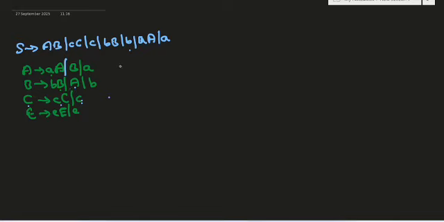So substitute B tends to BB, small b in A, and substitute A tends to small a, capital A, and small a in B. Okay, now when we substituted, what will happen?